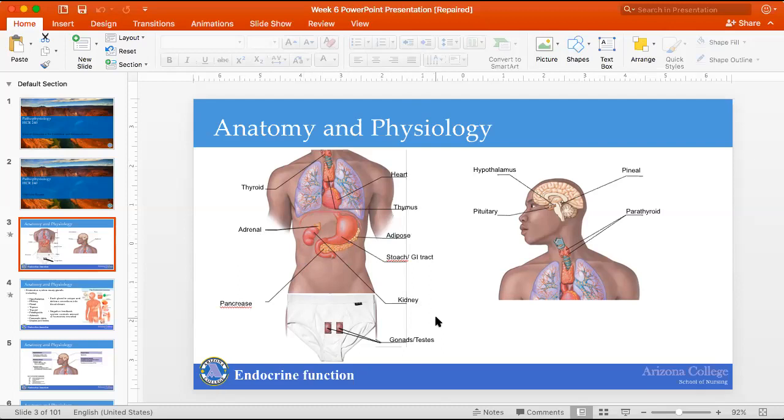But if you're looking at endocrine function, you're really going to start with the hypothalamus as one, if not the main, endocrine gland. The hypothalamus releases a set of hormones called releasing hormones.